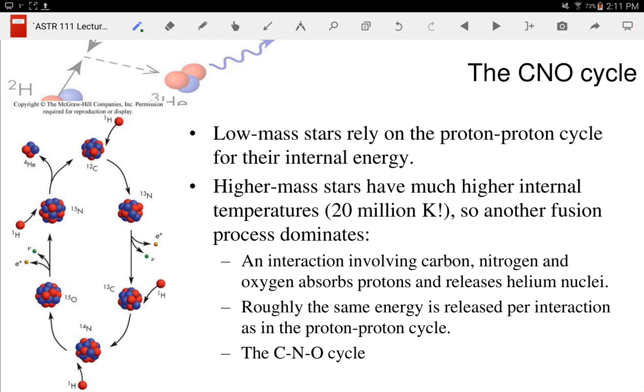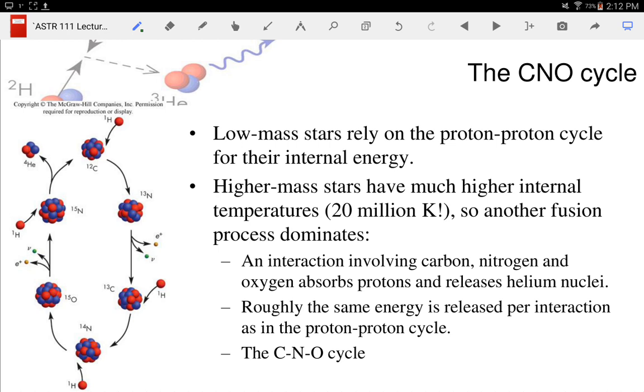What happens if you have a more massive star than our sun? If you have a star that's maybe 50% more massive than our sun, it will get the core hot enough to make fusion occur a different way. We studied the proton-proton sequence reasonably carefully.